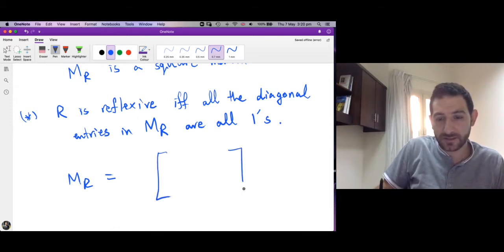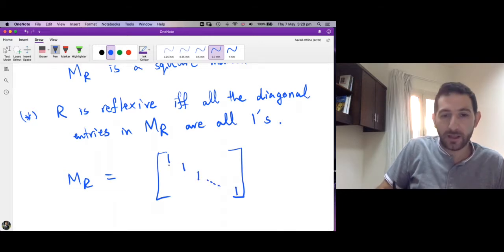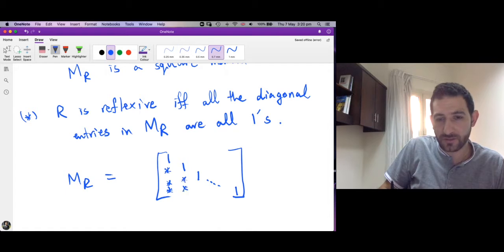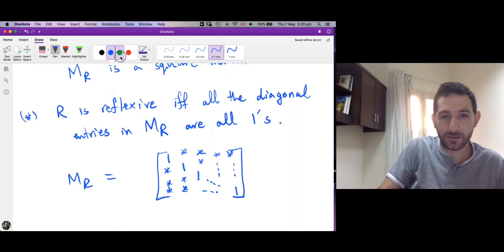So this will be the form of the matrix MR if the relation R is reflexive. Then we have 1, 1, 1 on the main diagonal, and we can have anything you want off the diagonal. So I'll just put stars. You can have zeros or ones, it doesn't matter, but what matters is that the main diagonal has all ones.